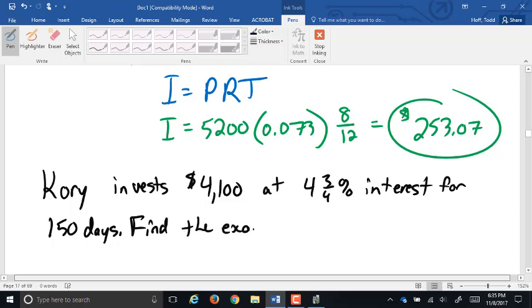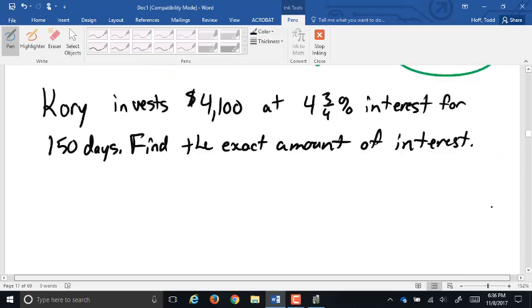Find the exact amount of interest. So I'll give you a minute to work on that one.